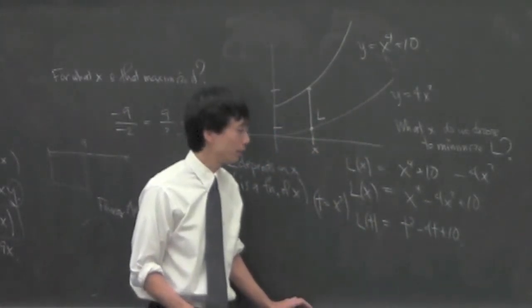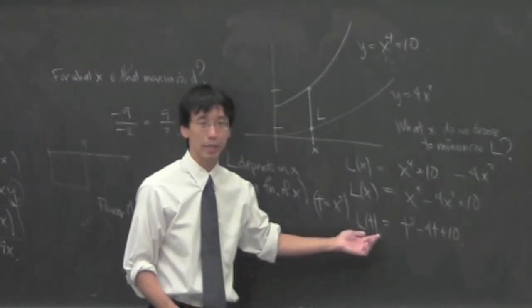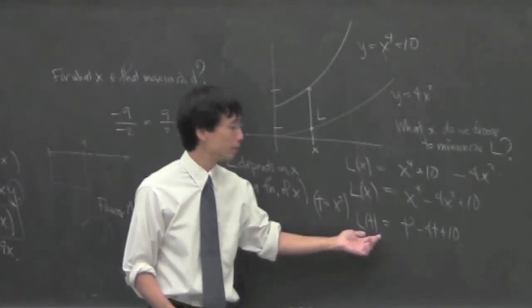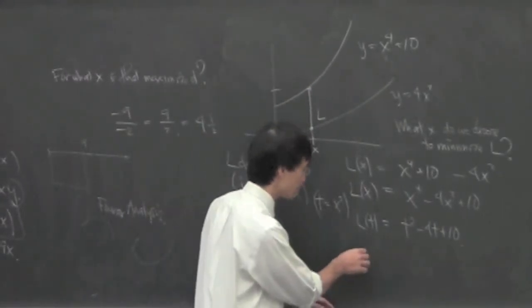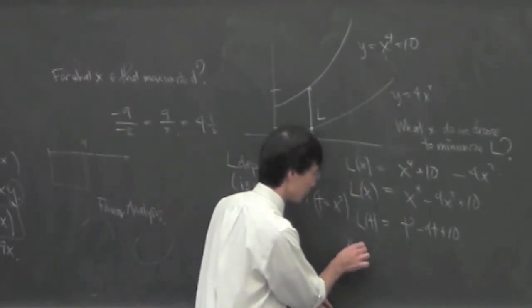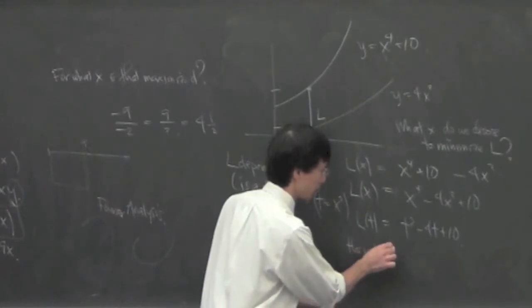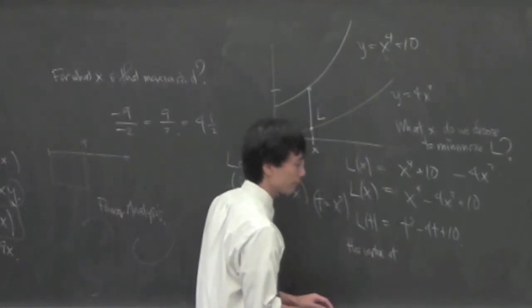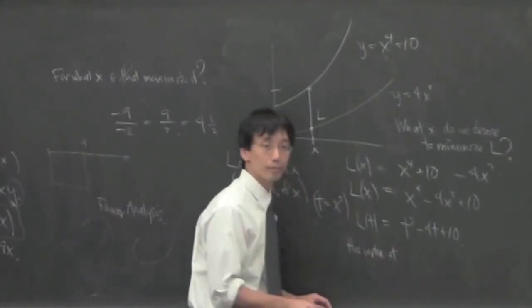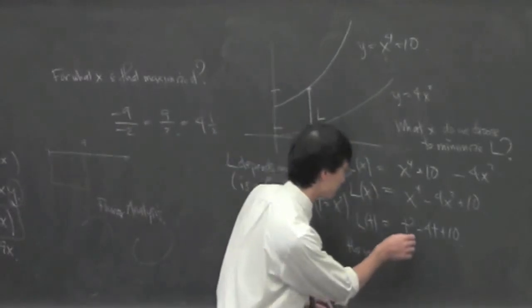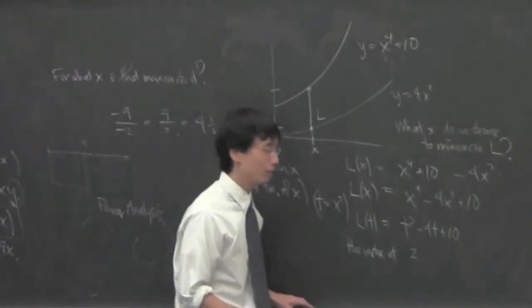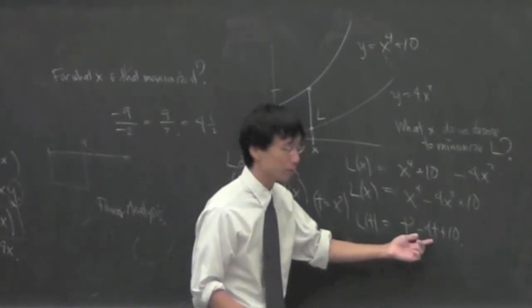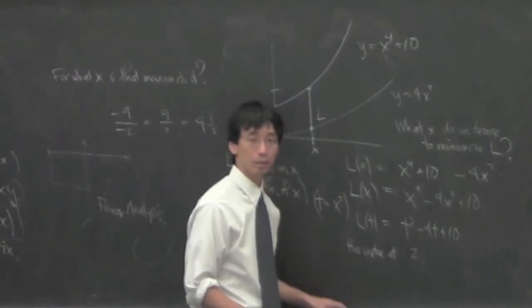We know we can minimize that by finding its vertex. Where is its vertex? Two.